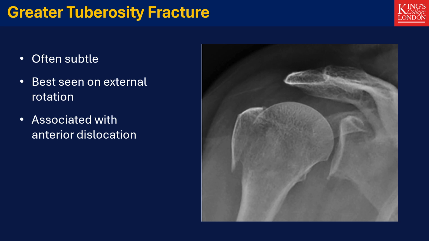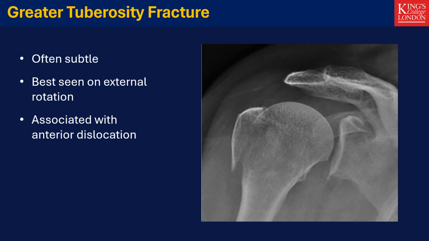In these projections, the fragment may overlap the humeral head and be easily missed. External rotation views are critical. They profile the greater tuberosity laterally and make small cortical step-offs or erosion or avulsion fragments more conspicuous.